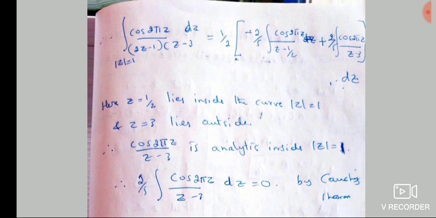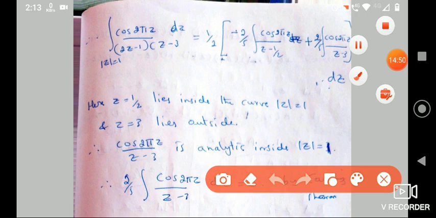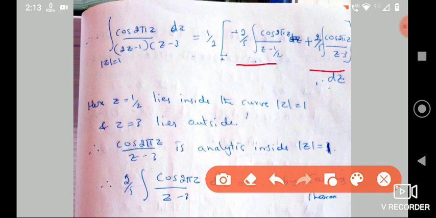So you have to check, can we use Cauchy's theorem for these two? The first one, it is not analytic. For Cauchy's theorem this whole thing will be f of z, right? Just check once again what Cauchy's theorem says. It needs this whole thing as f of z.